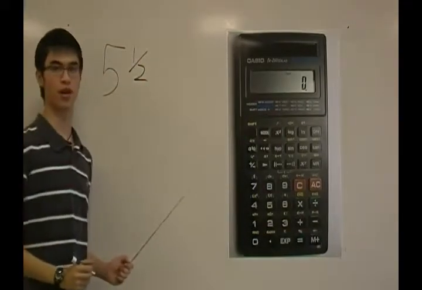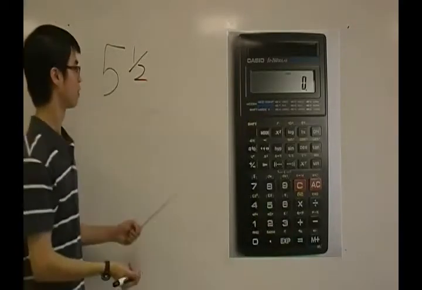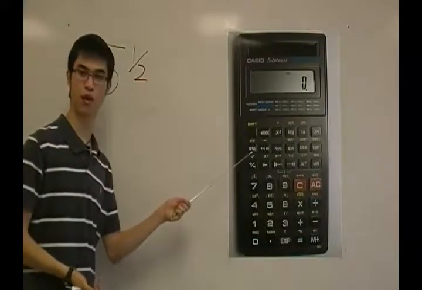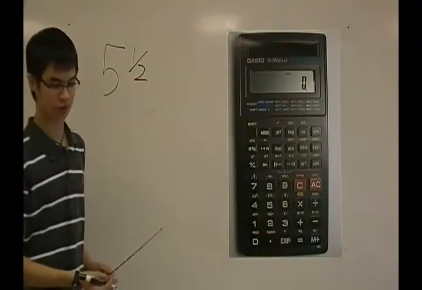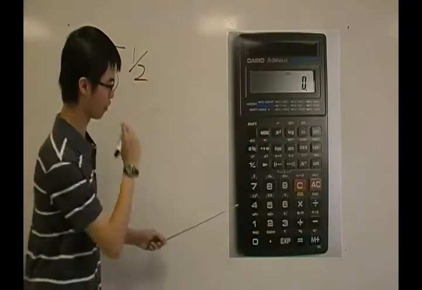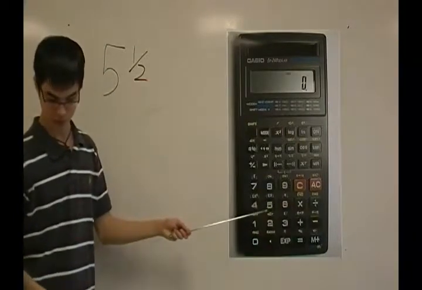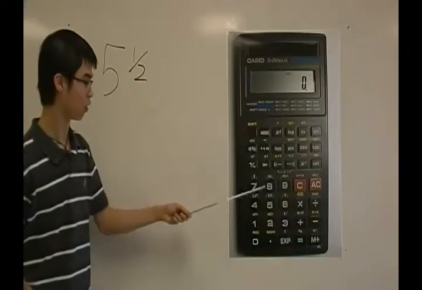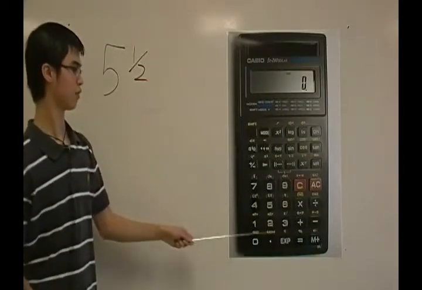You can also do this on a calculator in the same way I just showed you with the fraction. Now, the only difference is you're going to be hitting this button twice. So what you'll be hitting here is 5, fraction button, 1, fraction button, 2.